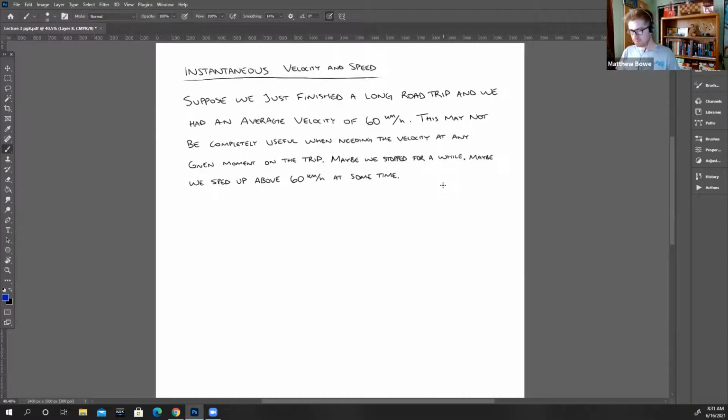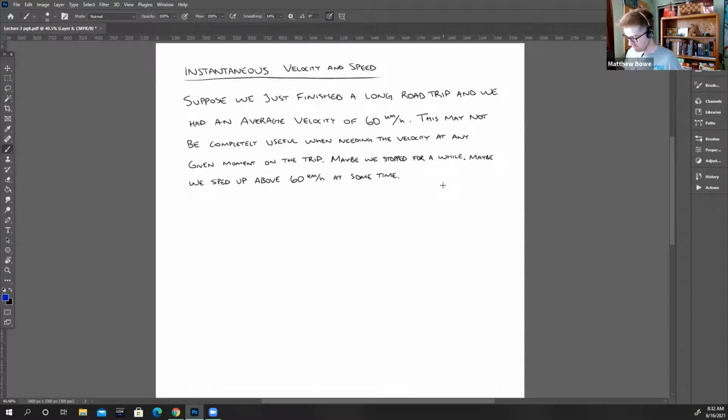Now, this may be helpful if we only care about the average, but a lot of other times it's not useful. What if we want to know a specific speed we were going at a specific time? Since this is an average, it doesn't count for all of those in between bits.